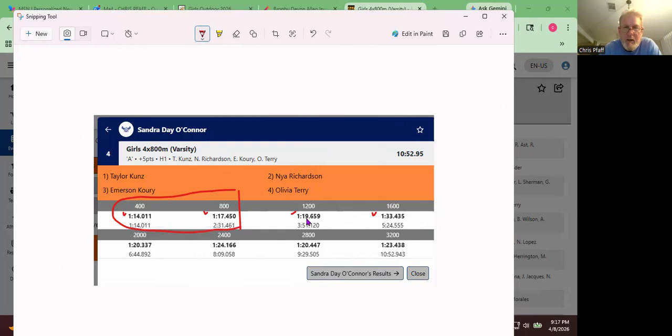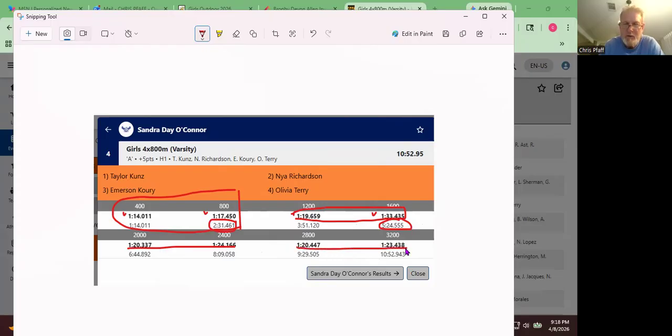Then for the next 800, you can just add these two right here to get the 800 time, or you can subtract the first 800 time from the 1600 time. Either way, probably the easiest thing is just to add these two. That gives you their 800 time. So you do that for the second person, add these two for the third person, add these two for the fourth person.